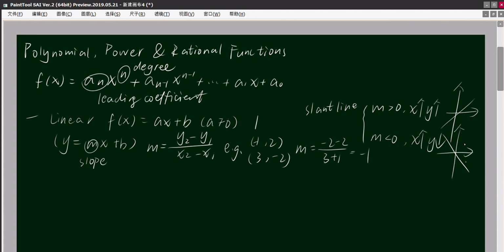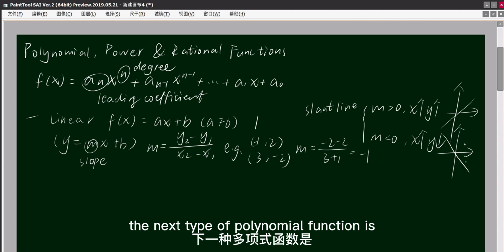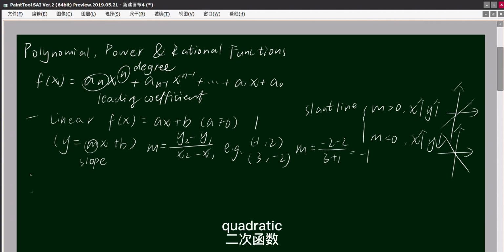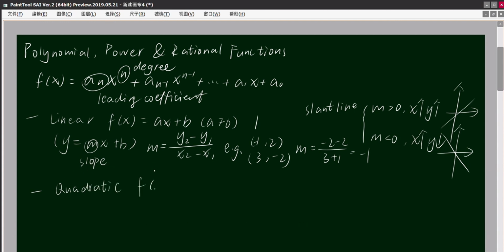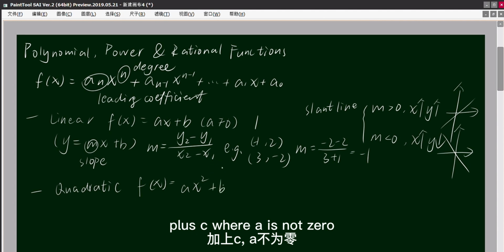And the next type of polynomial function is quadratic. The form of quadratic function is f(x) equals ax squared plus bx plus c, where a is not 0.